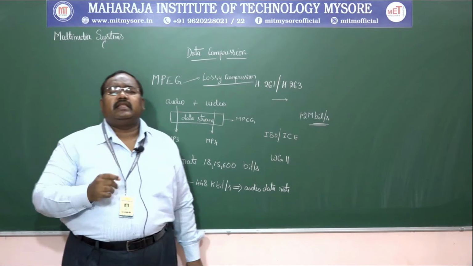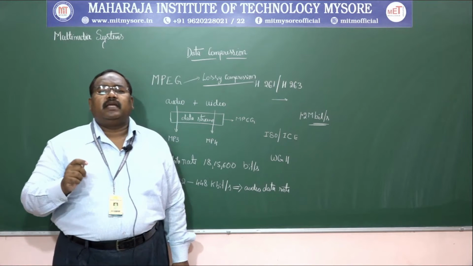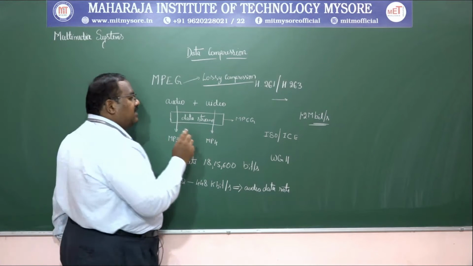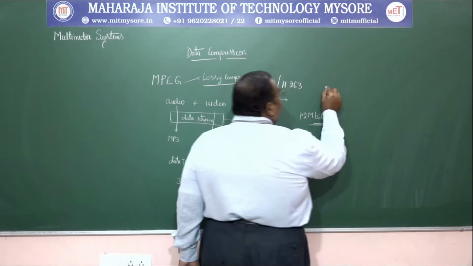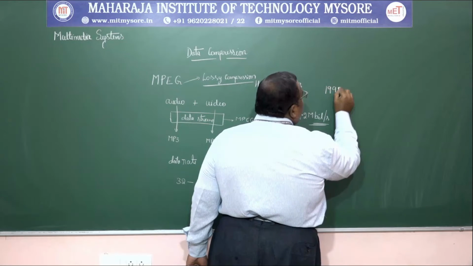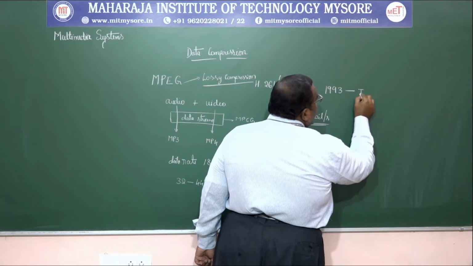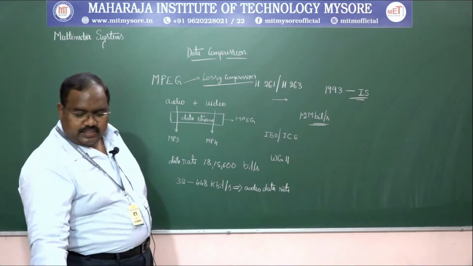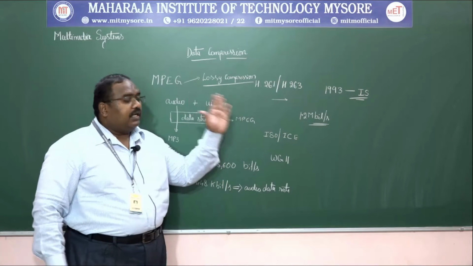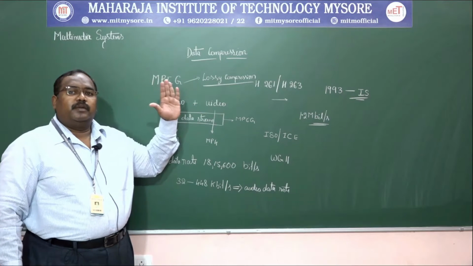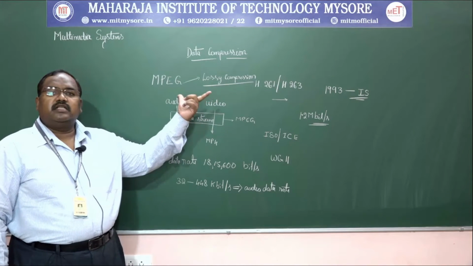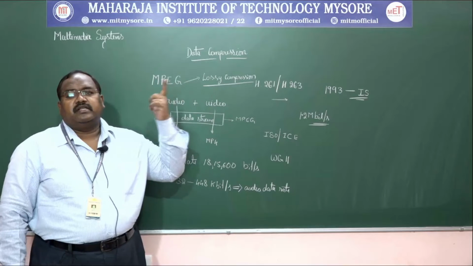Since 1993, MPEG has been recognized as an international standard. This is the key point we need to consider: from 1993 itself, with respect to audio plus video components, MPEG is considered to be the international standard.